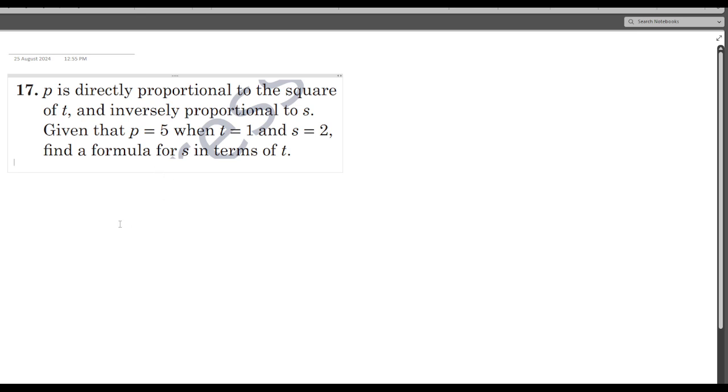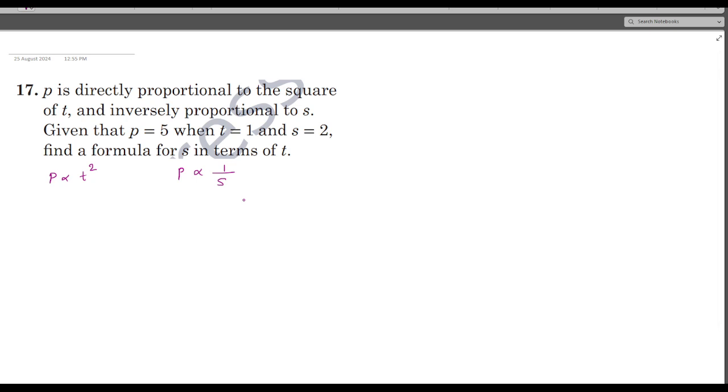Okay, now 17th question, p is directly proportional to square of t. So it is given p is directly proportional to square of t and inversely proportional to s. Okay, now I have to find a formula for s in terms of t.